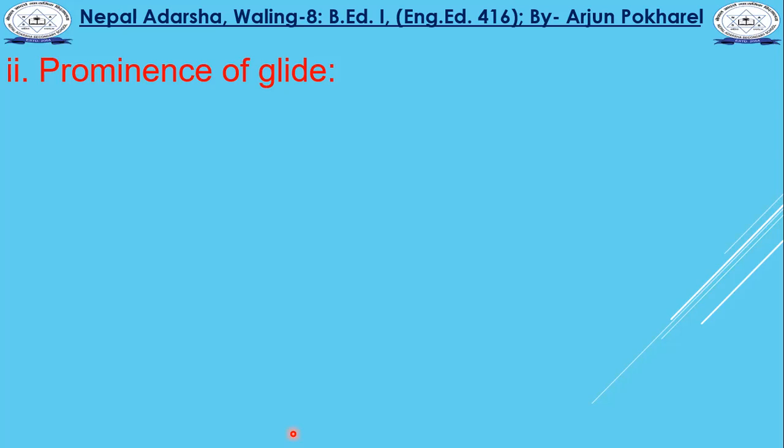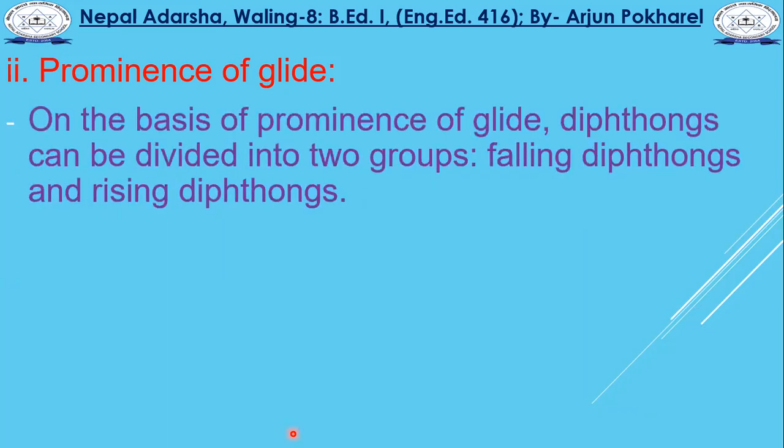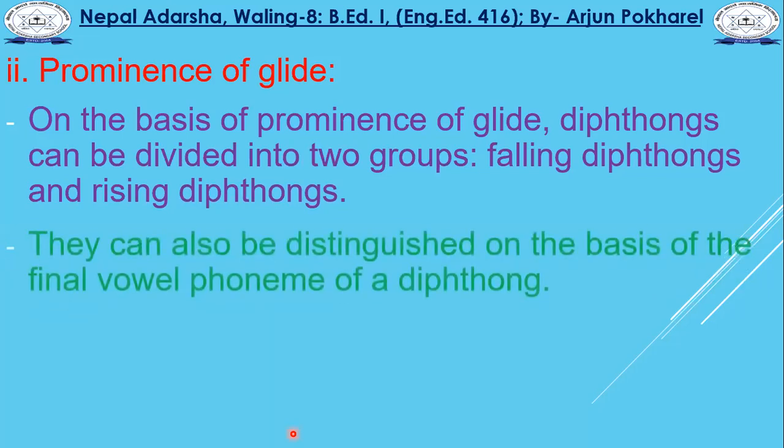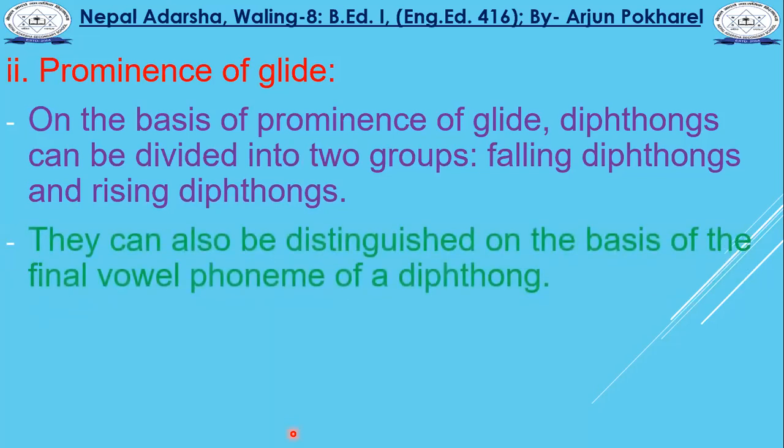That's why on the basis of prominence of glide, diphthongs can be divided into two groups: falling diphthongs and rising diphthongs. They can also be distinguished on the basis of the final vowel phoneme of a diphthong.